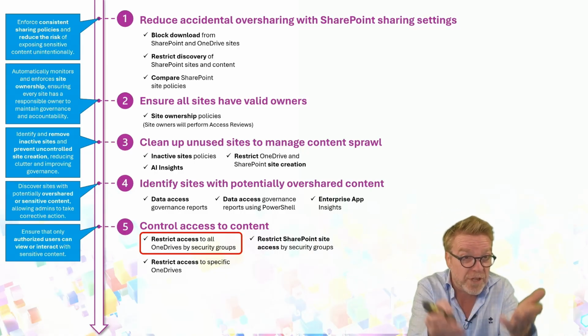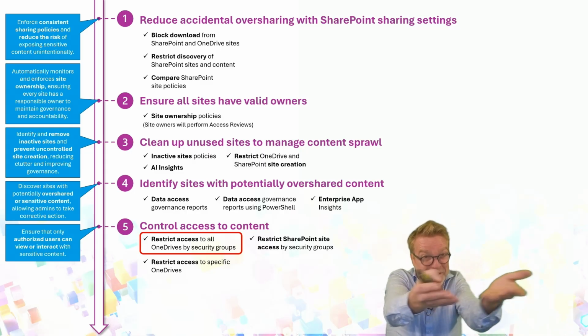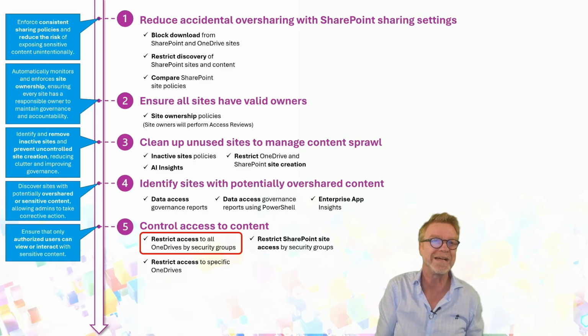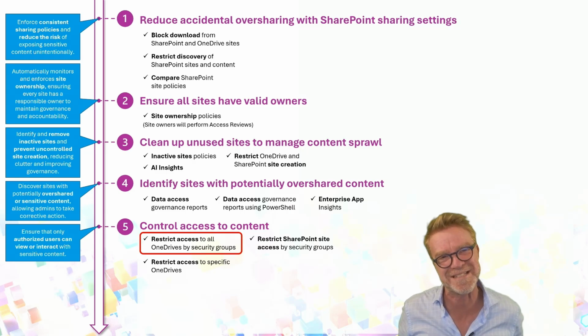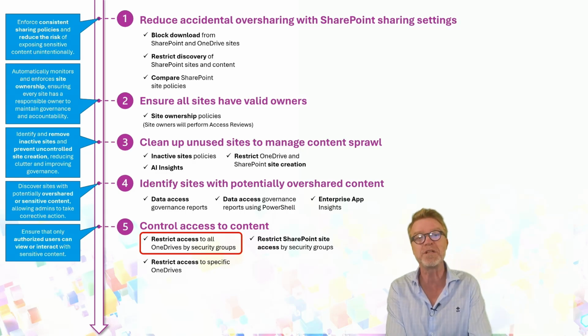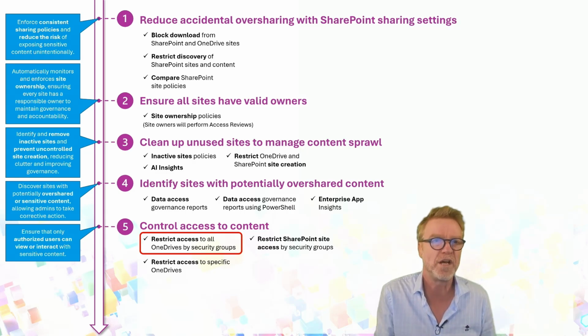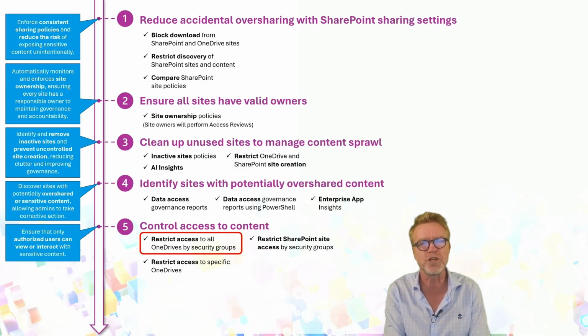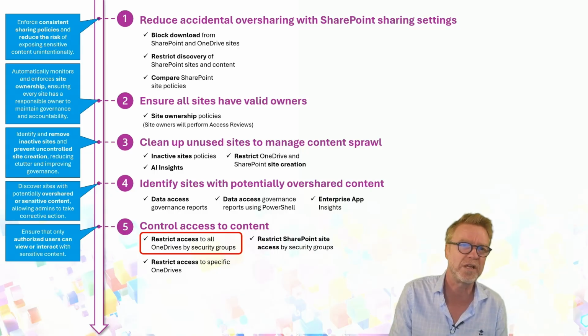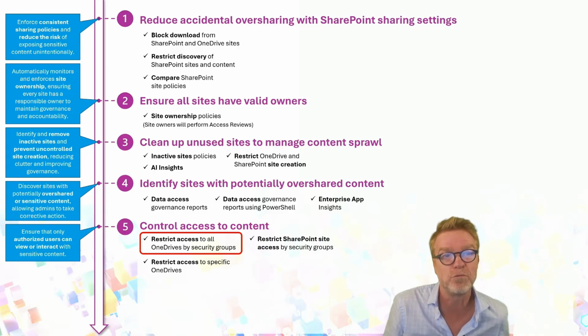Well, if that user is also not in the security group you specify here, at the end of the day, you will not have access. So this is certainly something that you might want to use, especially if you use a lot of security groups as a foundation to decide who can do what.